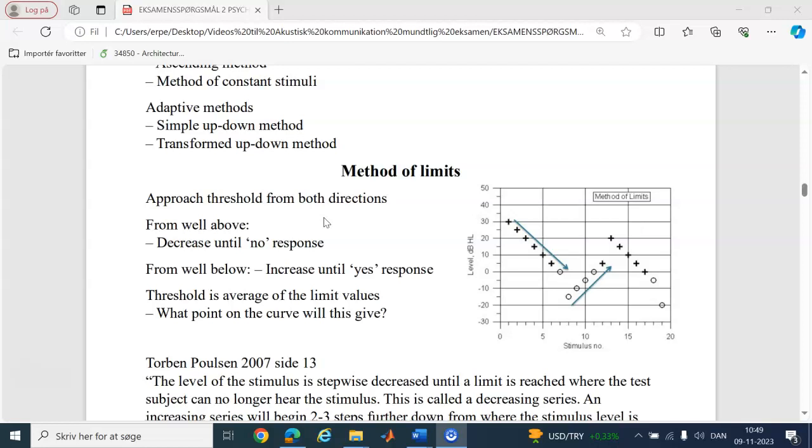Methods of limits, I'm never going to work with this. Methods of limits approach thresholds from both directions. From well above, decrease until no response. You get a yes at a high level, and the level will decrease by a certain amount, and yes, until no.